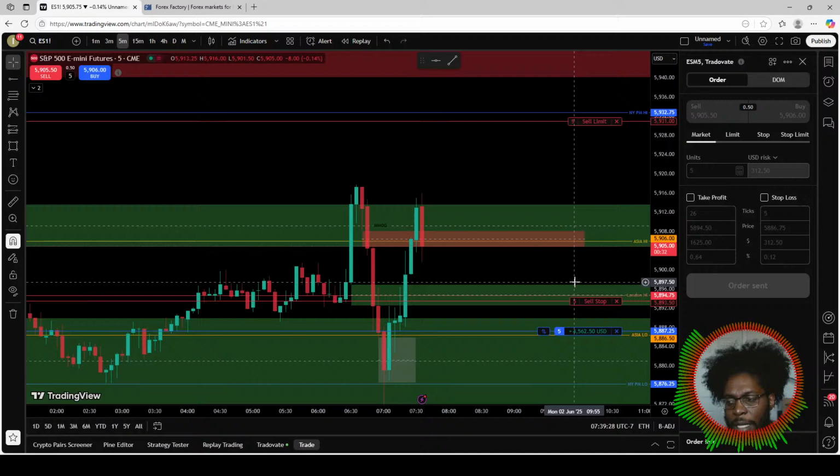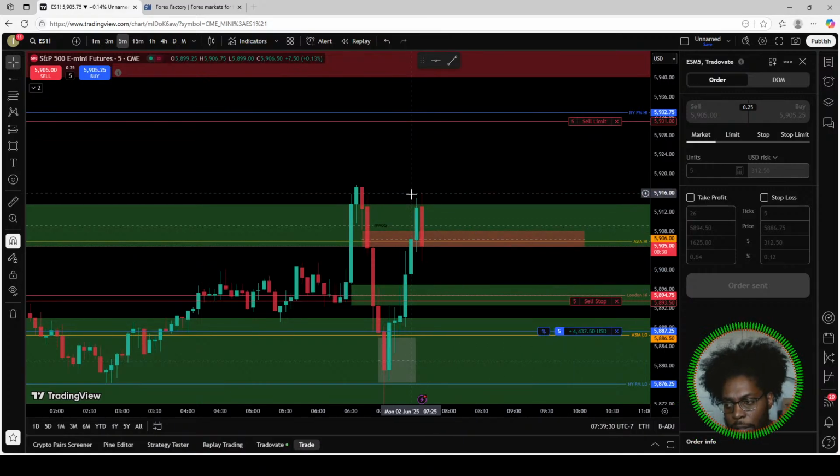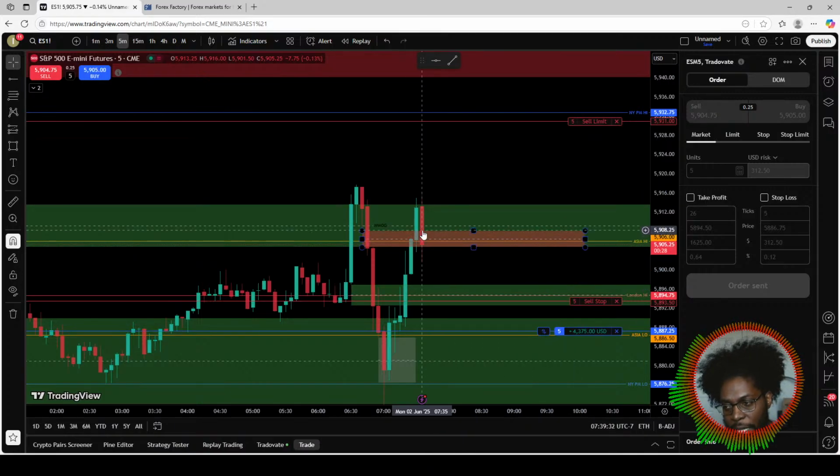But yeah, I'm probably about to close this trade out. We failed to take the high. We're getting strong bearish pressure, so we're selling off a little bit.